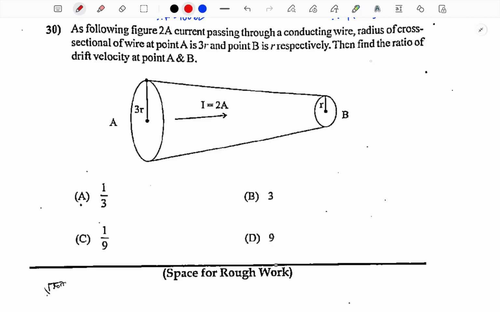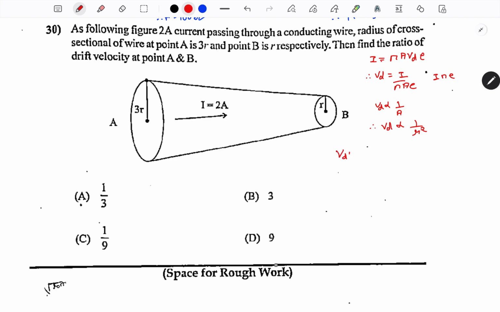Okay, we know that for current, I is equal to NAVD e, and therefore VD is equal to I divided by NAe, where I, N and e are the same. Therefore VD is inversely proportional to A. A is pi r square, so it is inversely proportional to radius square.